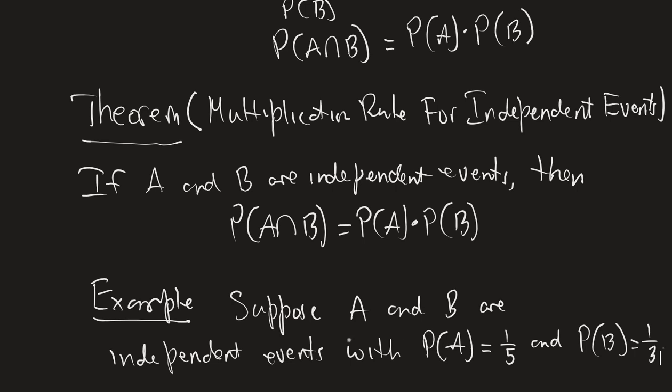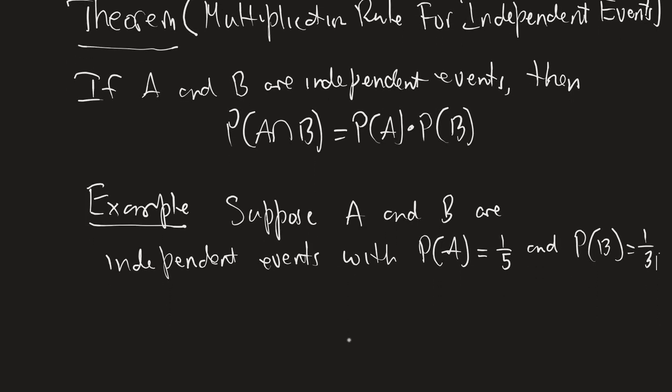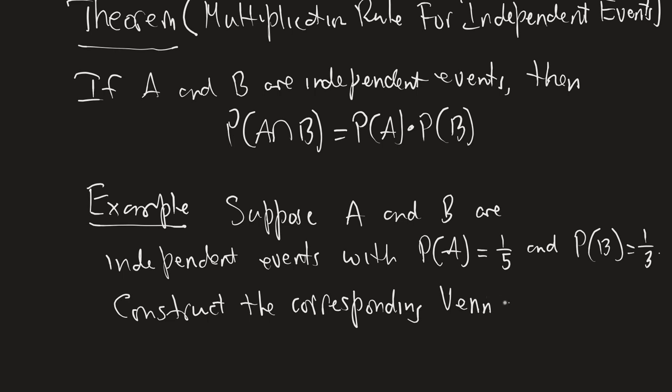So that's given to us. But now we know that they're independent, and I'll just write down the instructions: set up and complete a Venn diagram that illustrates this. So construct the corresponding Venn diagram.